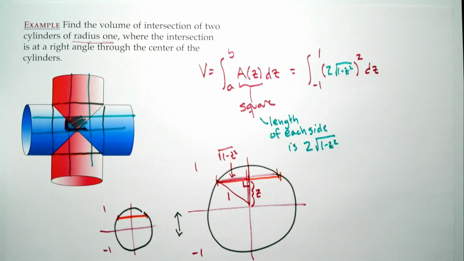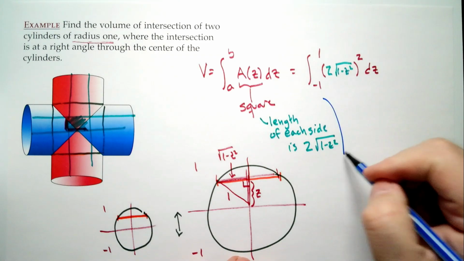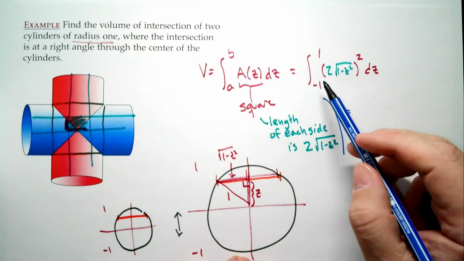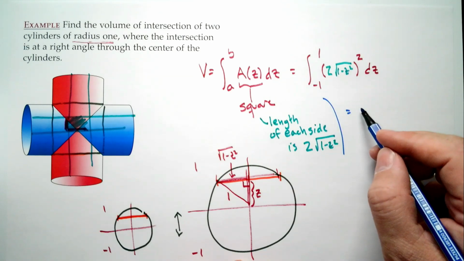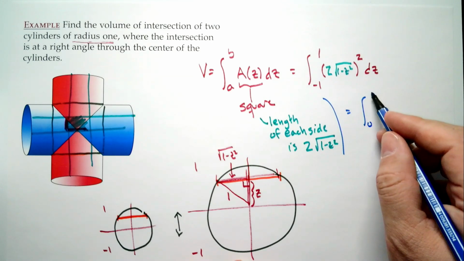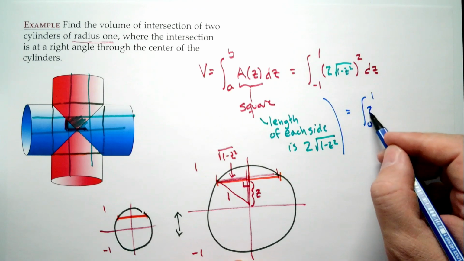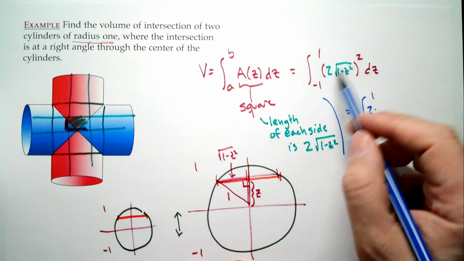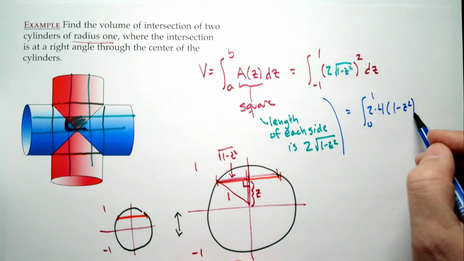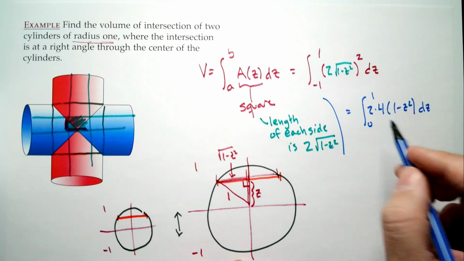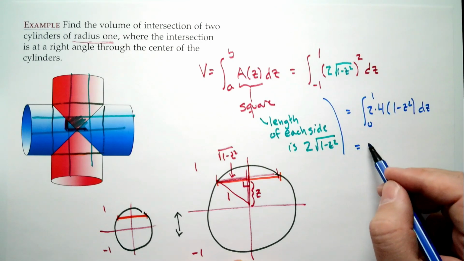All right. Now, we don't have to worry about the picture anymore. Now it's an integral. We have to solve this integral. I think we can. I'm pretty optimistic about our chances because, well, let's actually use symmetry here. So instead of going from negative 1 to positive 1, we'll double and go from 0 to 1. So we'll put a little 2 here, showing that we double. If we square 2, that'll become 4, and then 1 minus z squared. Well, 2 times 4 is really 8. So we have 8.